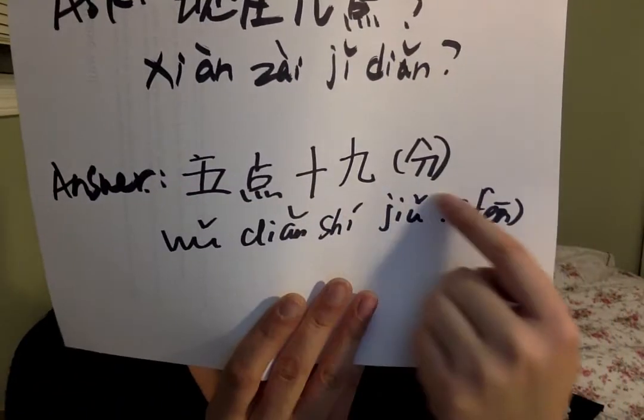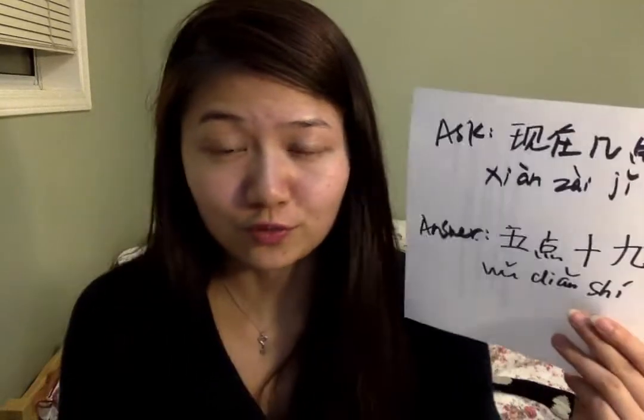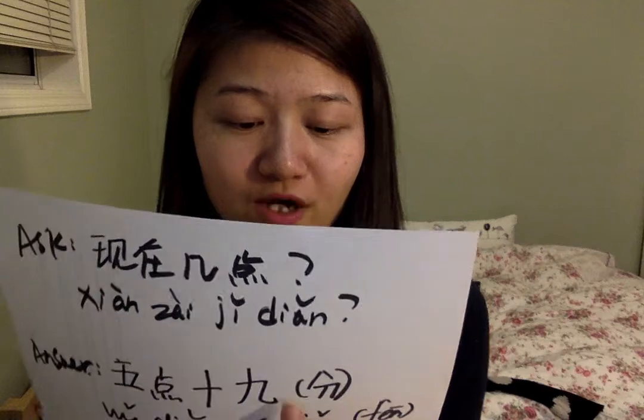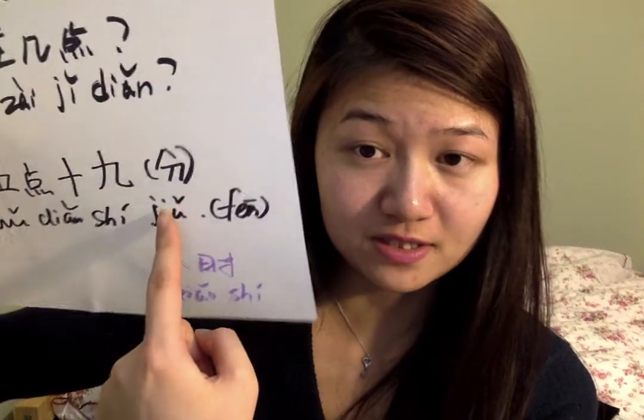this is one of the answers I wrote here. 5:19. So here I introduce another one we call 分. 分 means minutes. So hour is 小时, okay? 小时 means hour. 分 means minute.